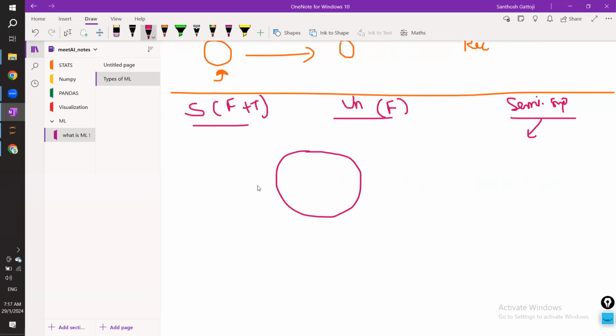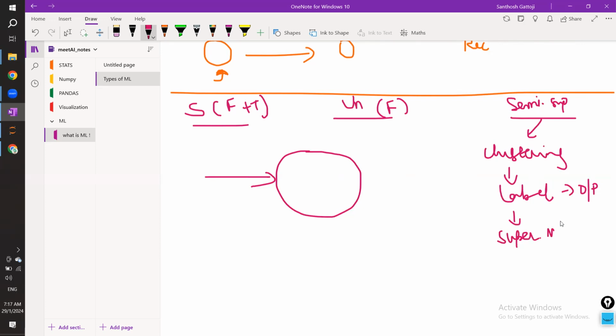From that you first do clustering and create different clusters. Then you label each of the clusters so that the output variable is getting created. Once the output variable is created, this becomes supervised ML.